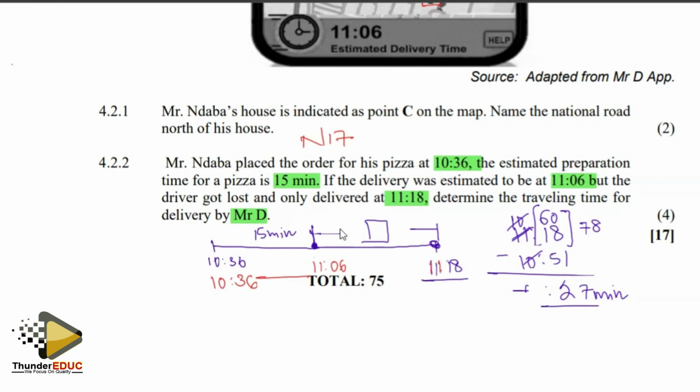So how many minutes have passed? Around 7. So what do we do? We get the preparation time, the 15 plus 12, to find out the time that was lost in between them, which becomes 15 plus 12. The answer became 27 what? Minutes. All right, this is how. If you also think this way, it can also work out. But we're looking at determine the traveling time for Mr. D.